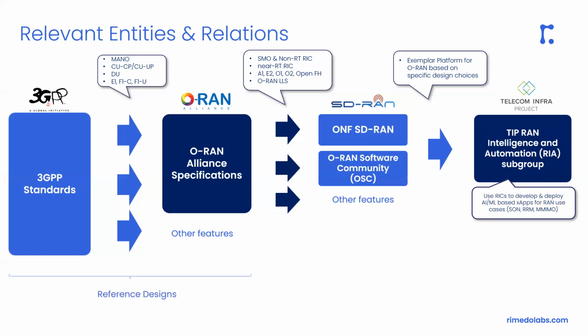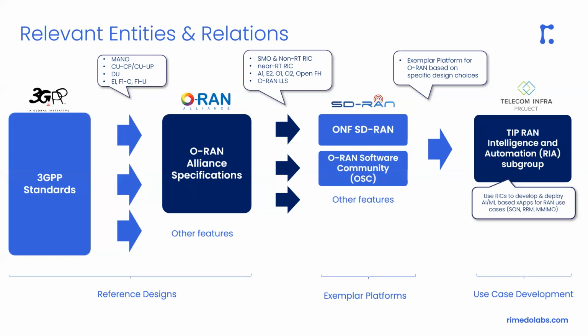So starting from the left, we have reference design with 3GPP and the ORAN Alliance. Then we have the exemplar platforms implementing those, and in the end, we have the use case development with the TIP, which is then fed back to the ORAN Alliance specifications, designing the bits and pieces for the protocols and procedures, and then those are implemented by the open source communities. Of course, the vendors are also implementing those, but the reference designs are there.